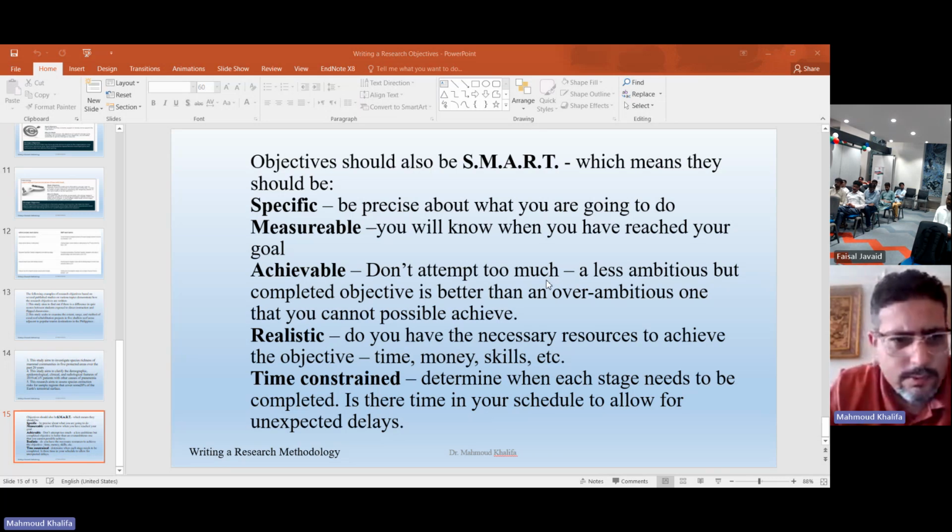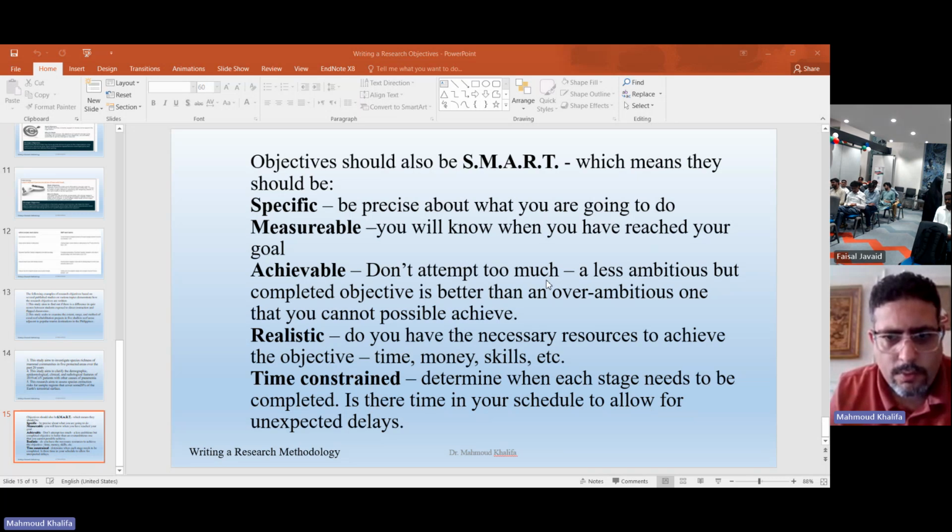Second question, how do clear research objectives help in making a study more organized and focused? As I mentioned, you need to achieve all the objectives in your article or your thesis. So you need to be specific in your topic and reflect all the variables.